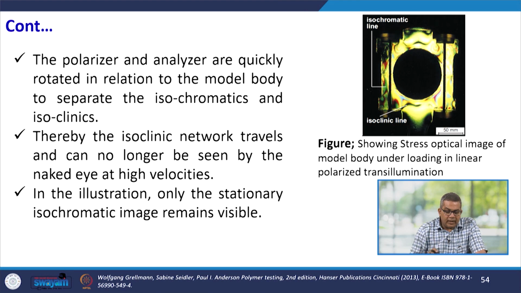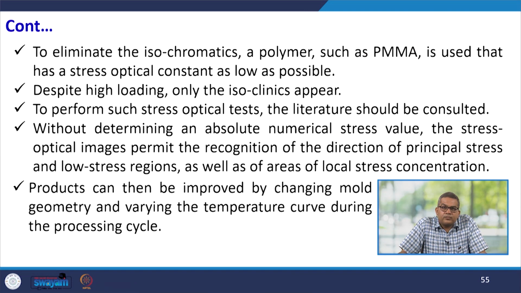And the polarizer and analyzer are quickly rotated in relation to the model body to separate the isochromatics and isoclinics, and thereby the isoclinic network travels and can no longer be seen by the naked eye at high velocities. So, in the illustration, only the stationary isochromatic image remains visible.